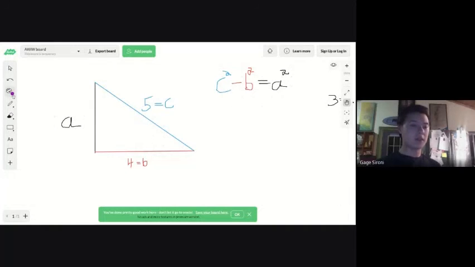So if we follow this one out, C is 5. So it's going to be 5 squared minus 4 squared. That equals a squared.